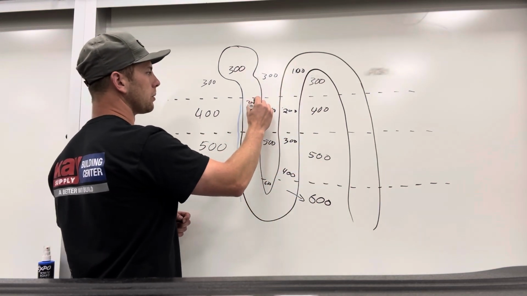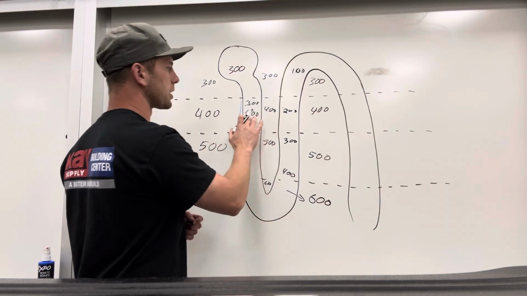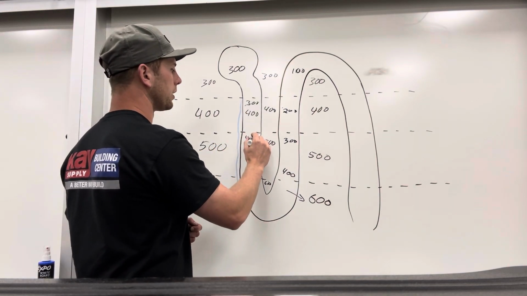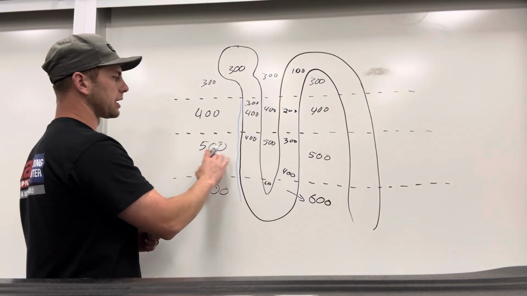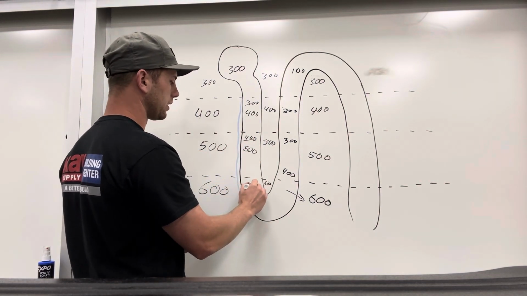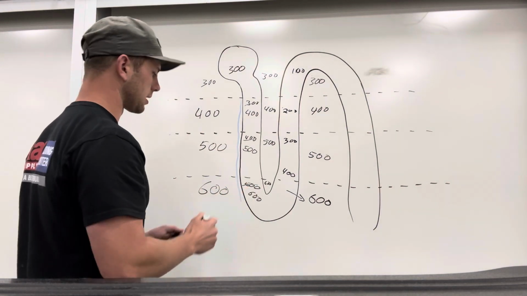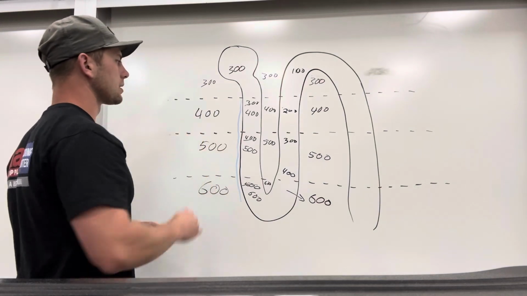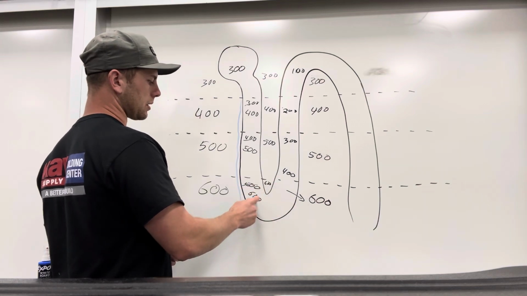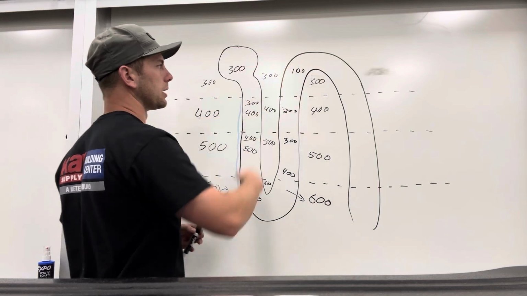So we were at 300, and water is going to leave and create a concentration of 400 milliosmoles inside the tubule. Now as we drop, we're at 500 outside in the interstitium, so it's going to change to 500. It's going to do the same thing. Water's going to leave and become 600. So that's how it's set up. And so we're 600 down here, and then we get up to 100 up here.